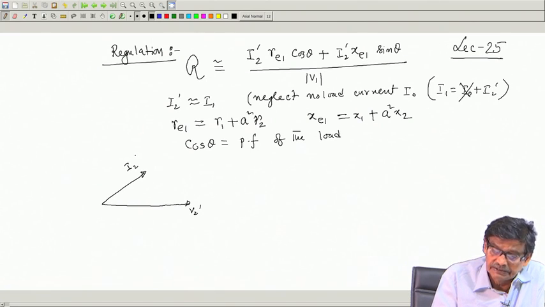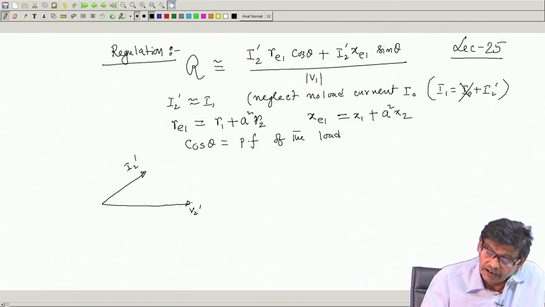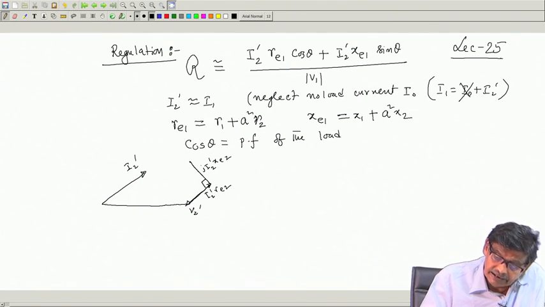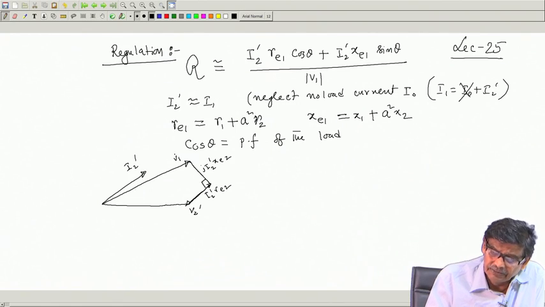Then V2 dashed plus I2 dashed Re1, which is small, I am drawing on a larger scale, plus I2 dashed Re2, and this is j I2 dashed Xe2, and this would have been your V1.